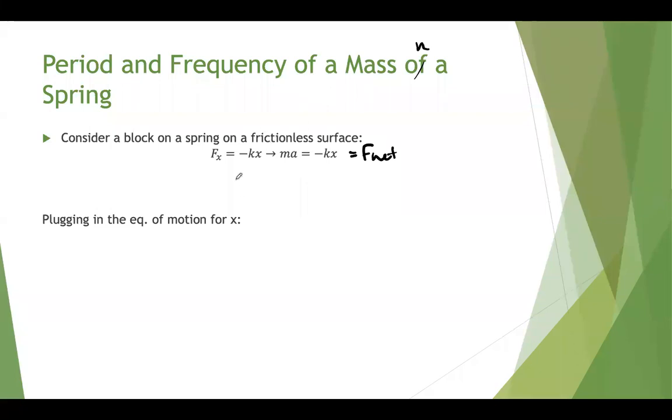And what am I trying to solve here? Plugging in the motion. So let me go ahead and rewrite this as m times acceleration. Remember, acceleration is equal to the second derivative of x with respect to t. So I'm going to go ahead and put that there. So m d squared x over dt squared equals negative kx. Okay.